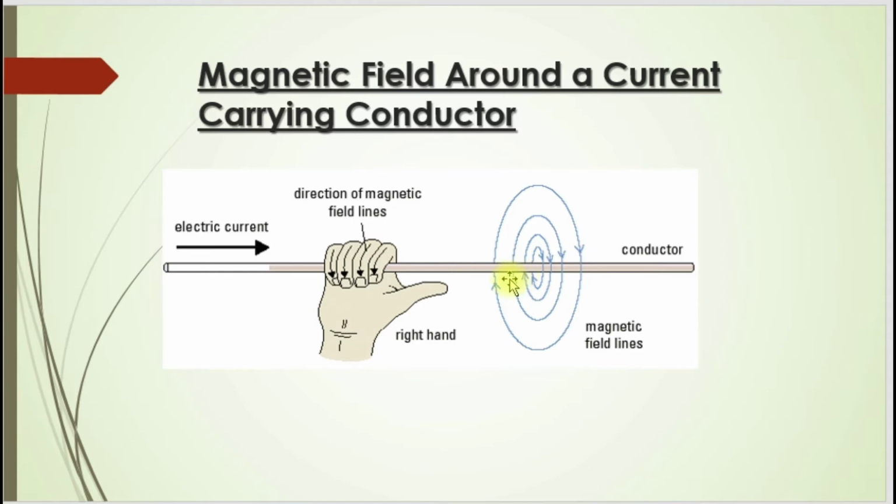Then, the relation between the direction of magnetic field and current in the conductor can be determined by Fleming's right-hand rule. So, state Fleming's right-hand rule.